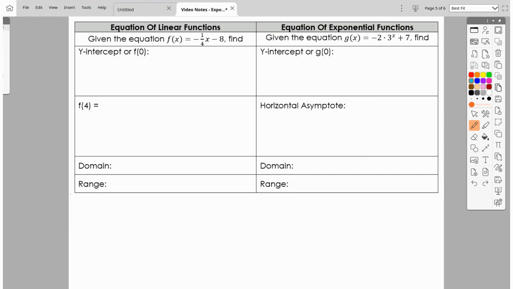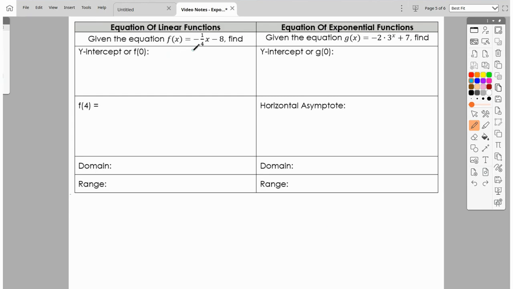Now that we have equations of linear and exponential functions, we actually want to apply them here. We can easily always find a y-intercept, or f of 0, of an original function when we replace the x value with 0 here.